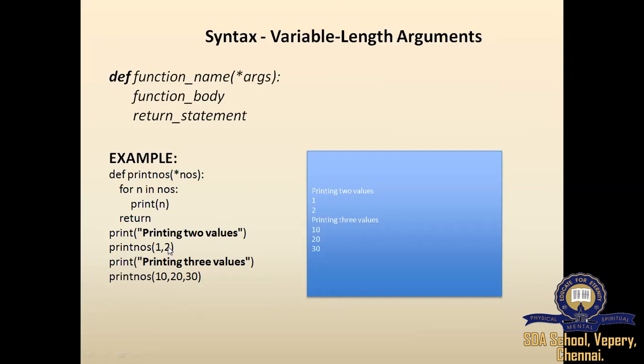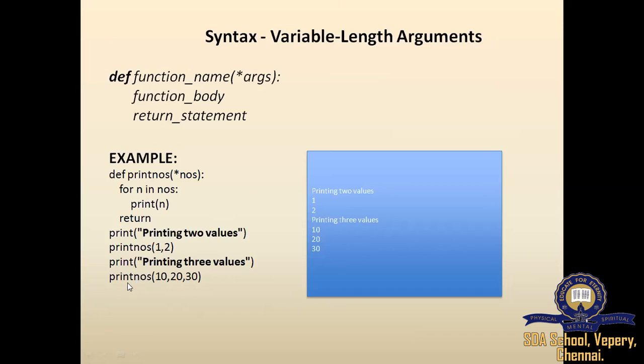So the number of arguments the first time is only 2. The number of arguments the second time is 3. So the argument count keeps on changing. So when the argument count keeps on changing, you can use the concept of variable length argument. So when I pass 1, 2, 2 arguments are passed and that will be received by nos. The star will indicate how many arguments have been received when you pass the values.